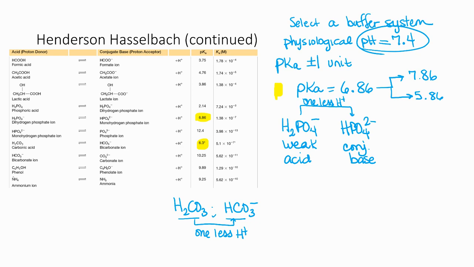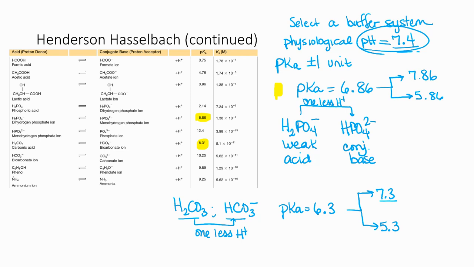Okay, now its pKa is 6.3, which means that it's going to resist changes in pH between 5.3 and 7.3. So if you notice, it's cutting it pretty tight to our physiological pH. And we will talk about this. This is our predominant buffer in the bloodstream.